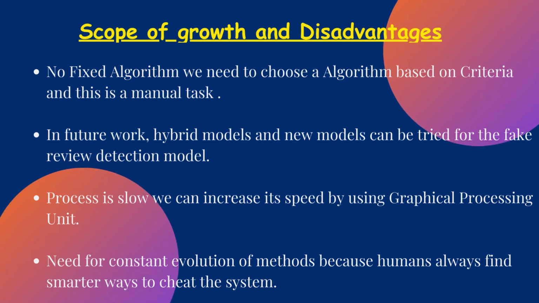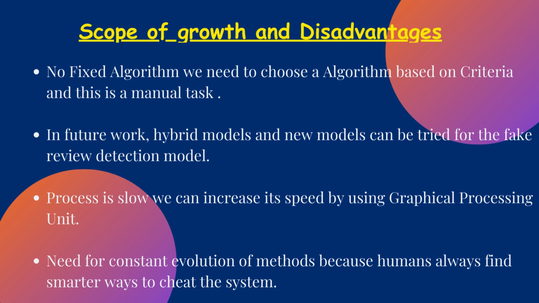Scope of growth and disadvantages. The fake review detection problem is addressed fairly and gives a fair insight into its purpose, to select an algorithm to fulfill the task of fake review detection and its elimination. In future work, hybrid models and new models can be tried for fake review detection.